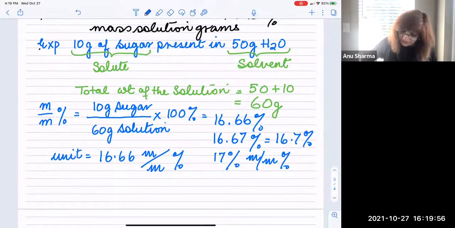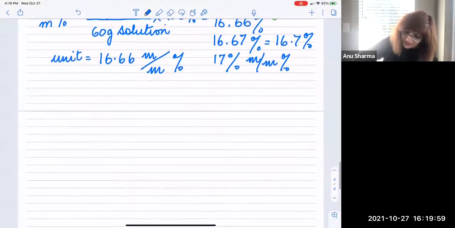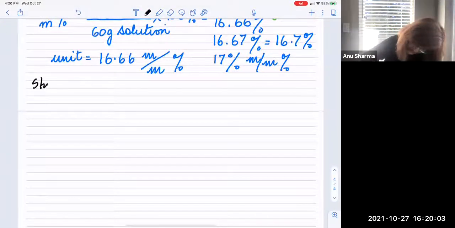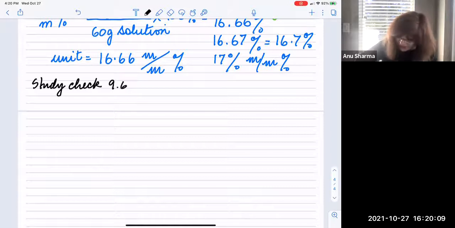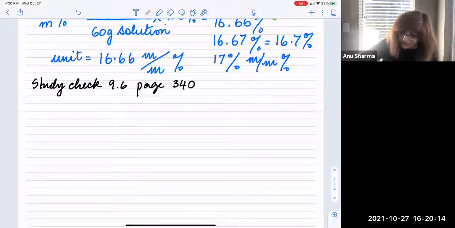Okay, now let's look at this study check problem here. Study check 9.6, and this is page 340. What is the mass by mass percent of sodium chloride in a solution made by dissolving?